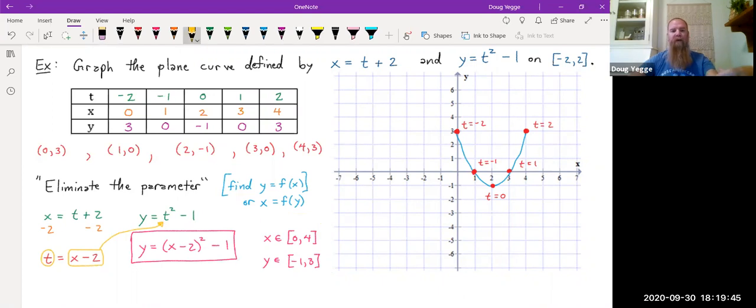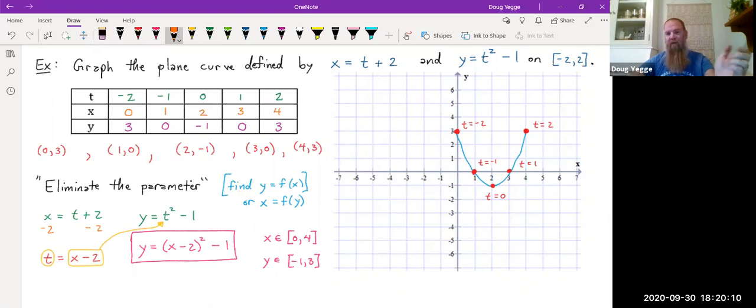So we've eliminated the parameter to find what the actual function of x is, but we've also used a table to come up with all of the x and y points. So this now tells us something more than just the curve. But there's one last piece we have to fill in to make this our final plane curve, and this is to demonstrate on our curve the direction of travel.